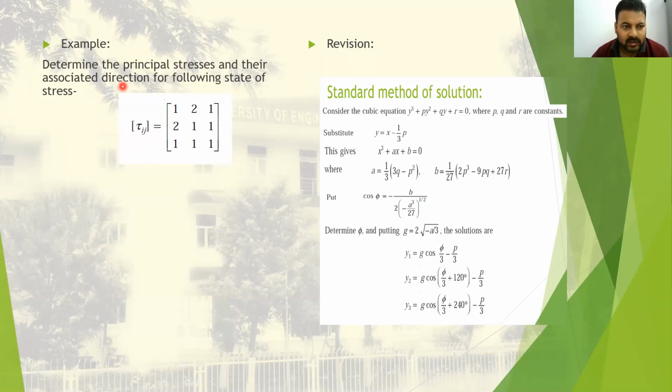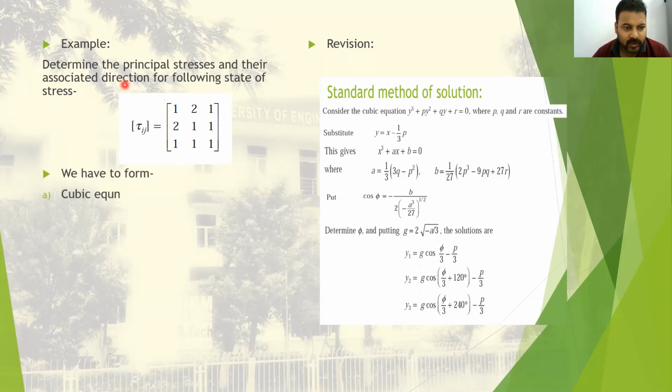In order to do this numerical, we need to form a cubic equation first. To form the cubic equation, we will be required to find L1, L2, and L3, the stress invariants. So let's see what steps we will need.